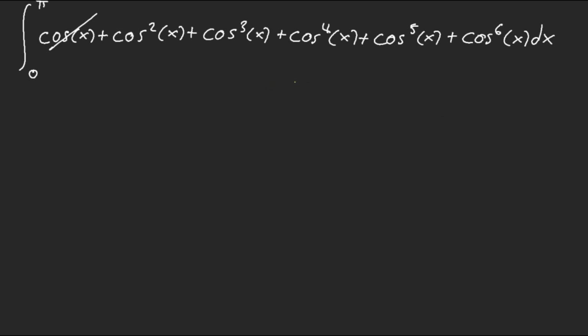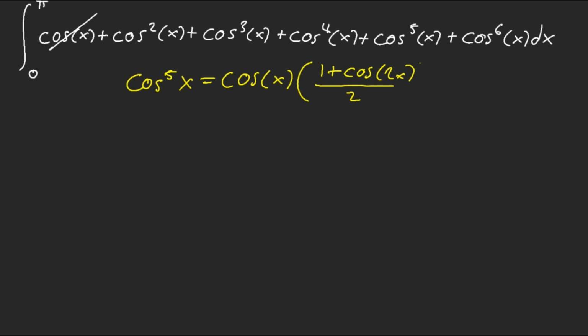Okay. And what about cosine 5th? Cosine to the 5th power, right? It's going to be the same thing, cosine of x times 1/2, 1 plus cosine of 2x. This is going to be squared, right? And we will end up having something like cosine x to the power 4.